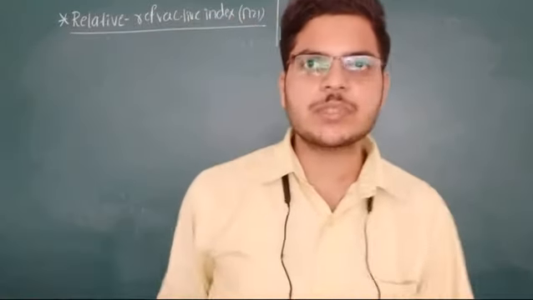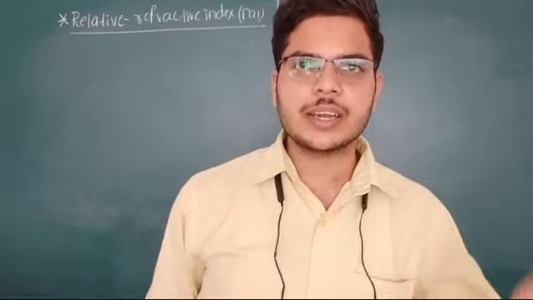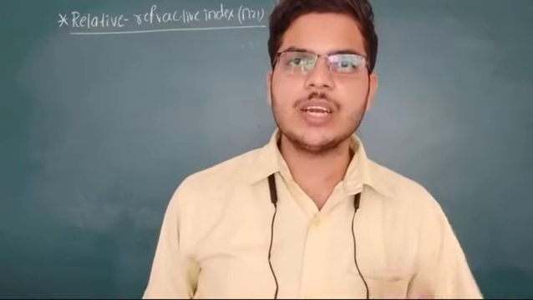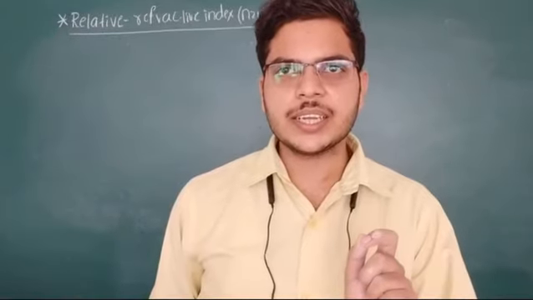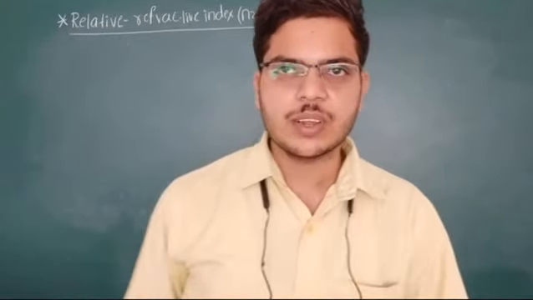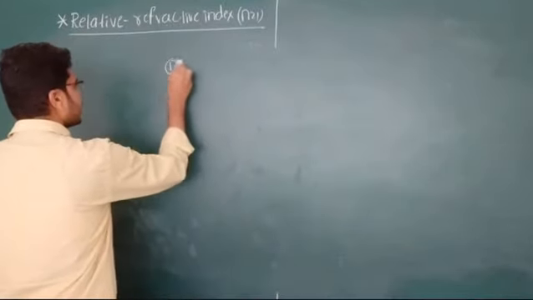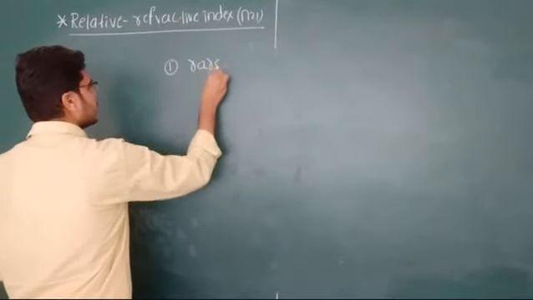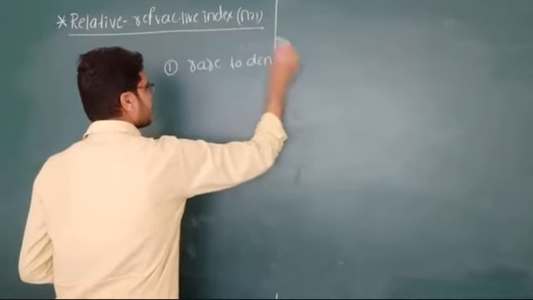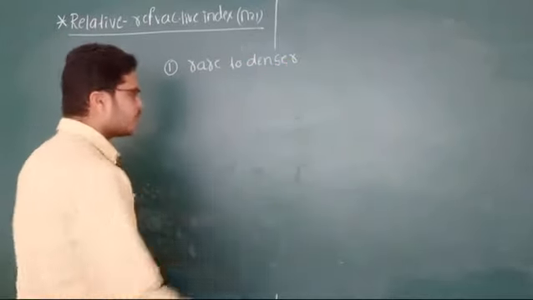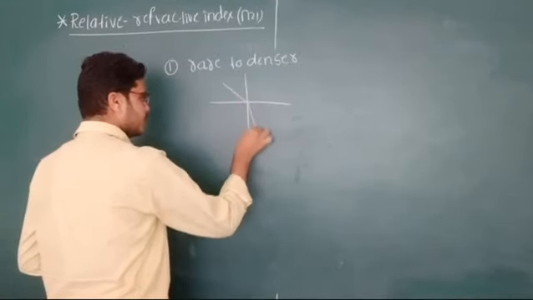Here we must observe one thing: when the ray of light is going from rarer to denser or denser to rarer, the refracted ray angle is changing. For example, consider the first case, rarer to denser. This is the incident ray, this is the refracted ray.